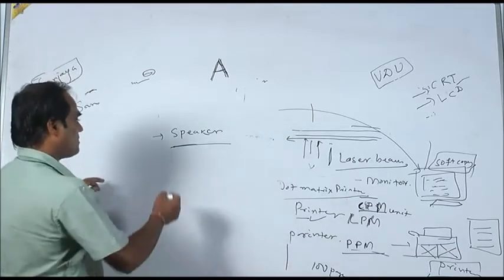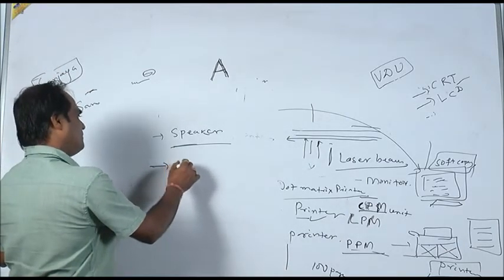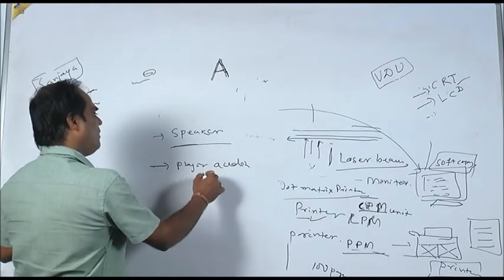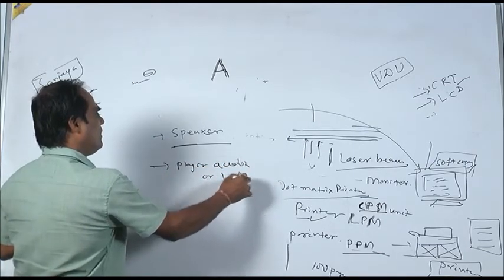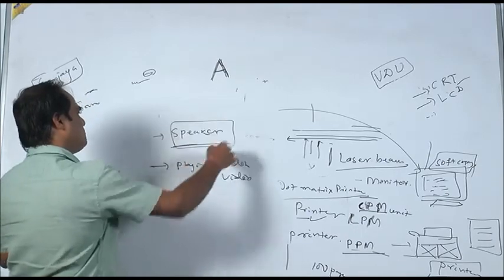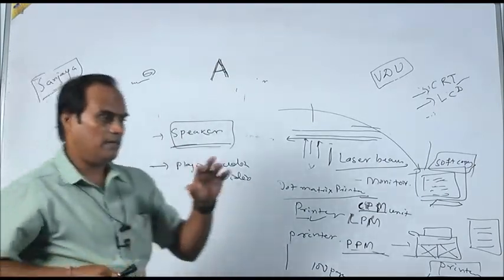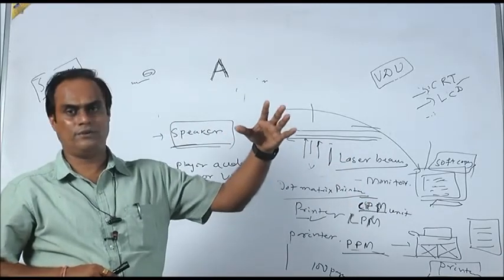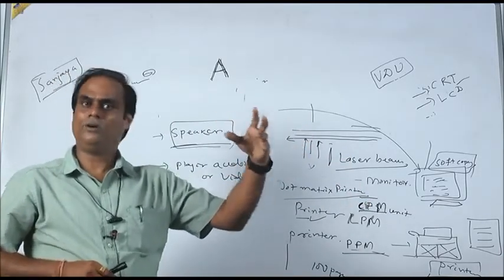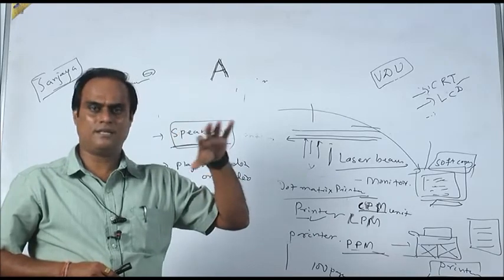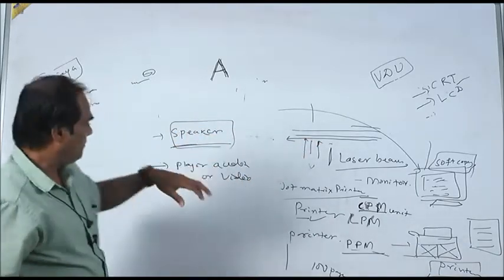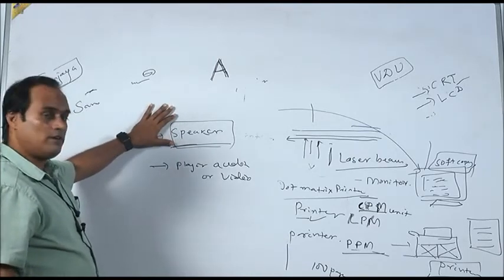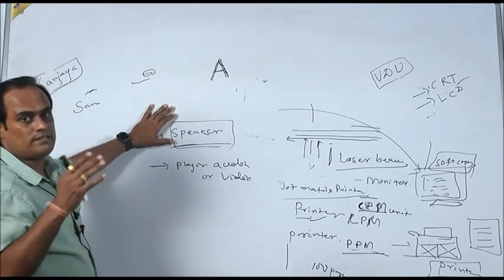What is the use of this? When we are playing any audio or video, it is through the speaker that the user is able to listen to the audio. So, in the computing system, the speaker is also used for getting the result as output.